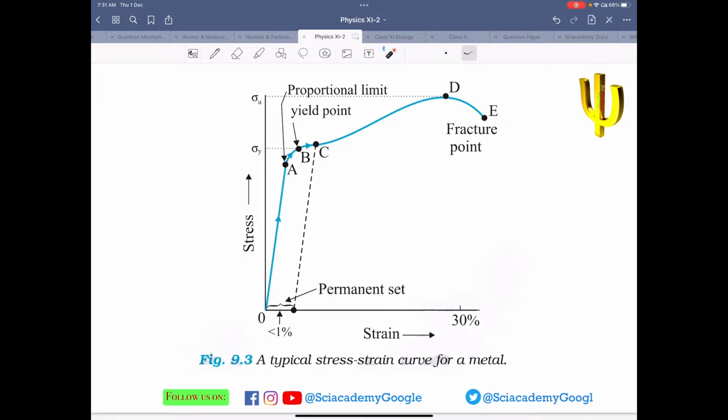If we increase the stress, that means force per unit area, beyond this point, in the region A to B, stress and strain are not proportional. So the stress and strain proportionality is not valid for the region A to B.